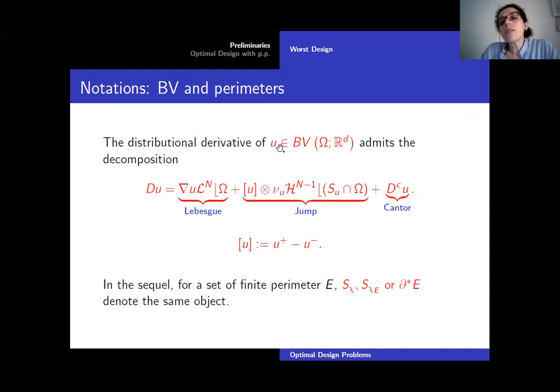If I consider just a generic field in BV, its distributional derivative is going to be decomposed essentially in 3 parts.